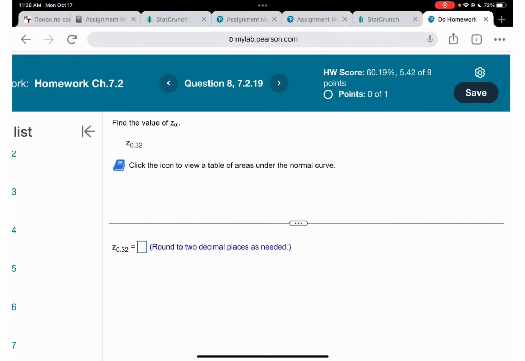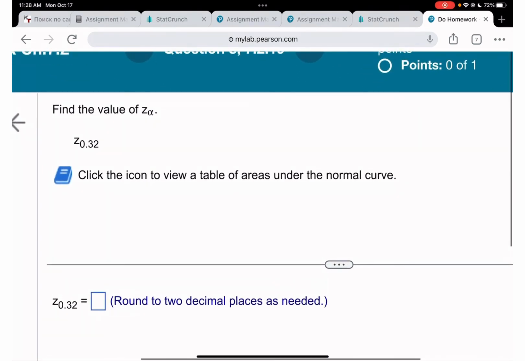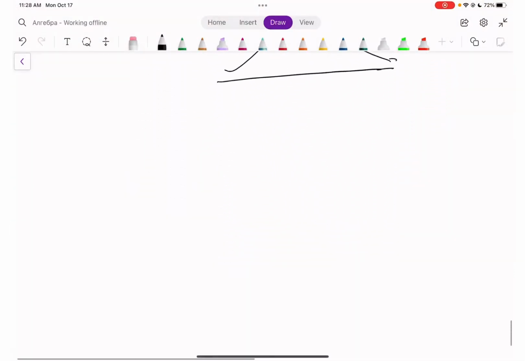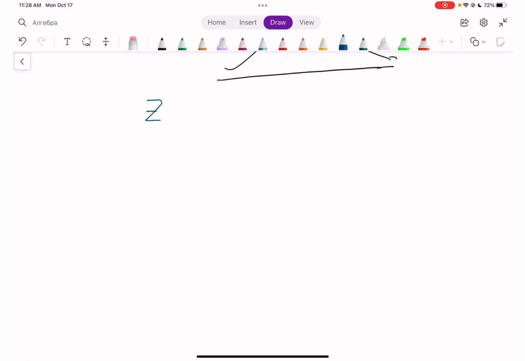So next we are doing question number 8. So let's solve. Find the value of z alpha, where alpha is 0.32. Let me explain this real quick. Z alpha is equal z 0.32. 0.32 is your probability.